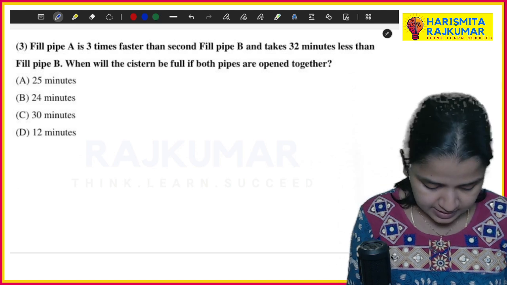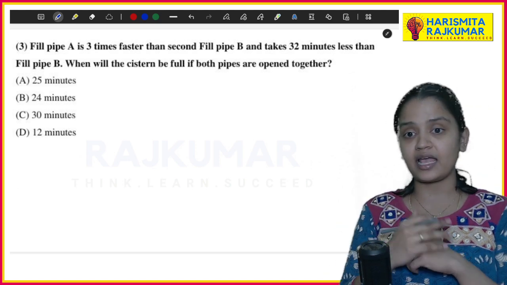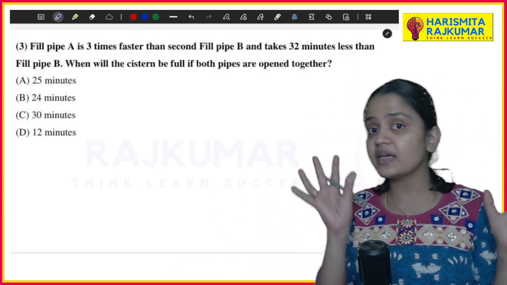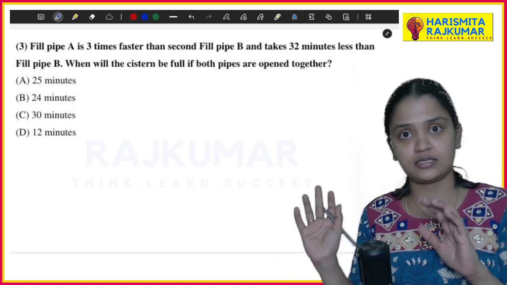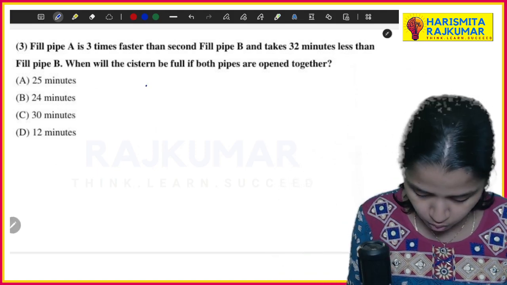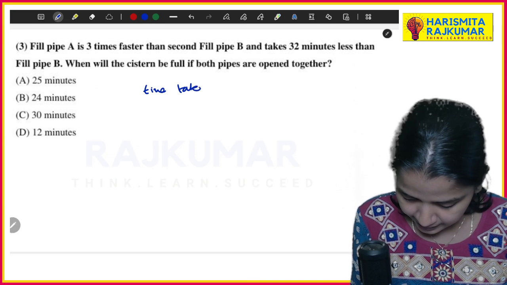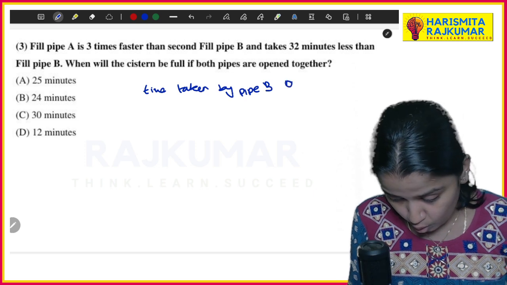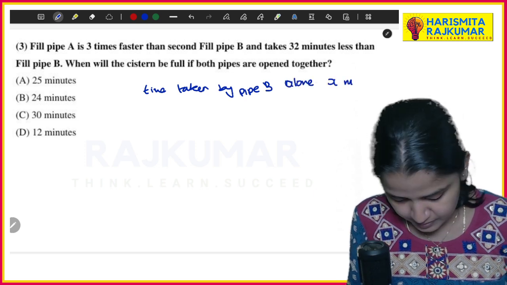The time for pipe A is dependent on B, so we keep the variable X for B alone. Time taken by pipe B alone is X minutes.